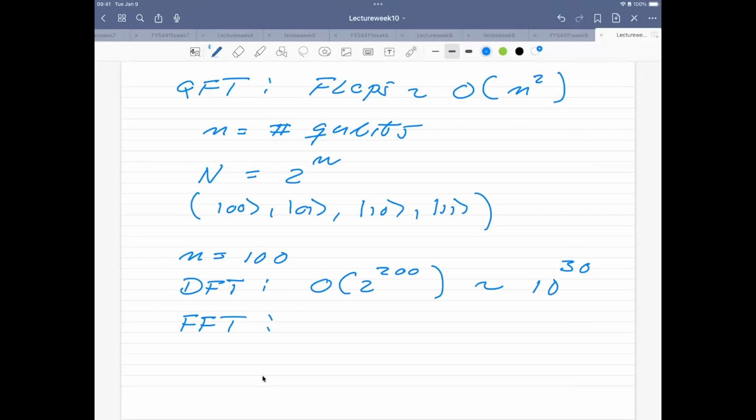So this is going to be 2 to the power of n times O of n log 2 n. If you plug it in, that's going to be 2 to the power of n, and then we're going to have n, and then log 2 of 2, which is 1. So this is proportional to n times 2 to the power of n.